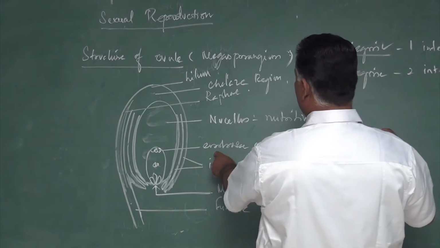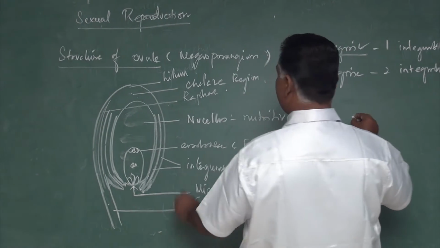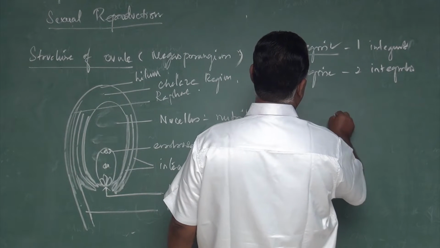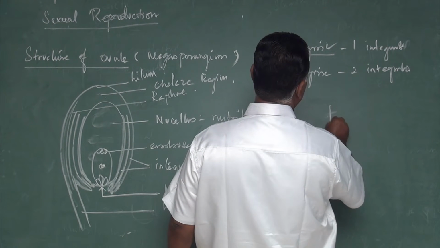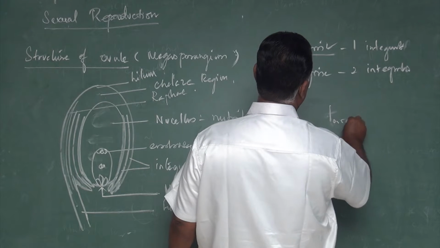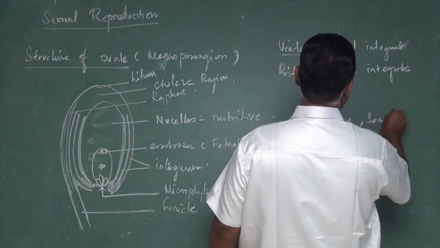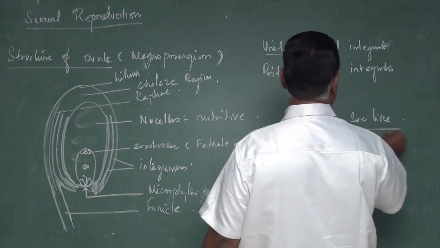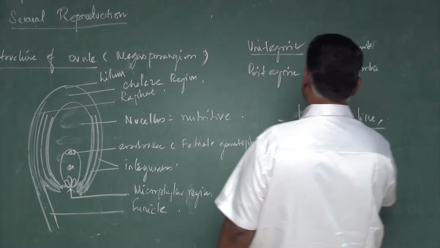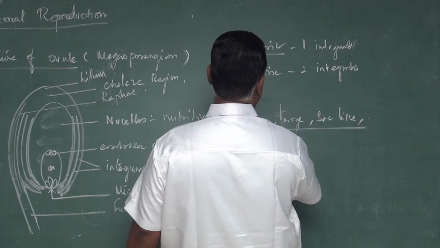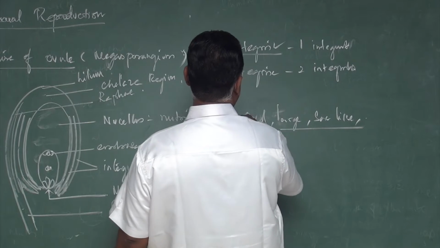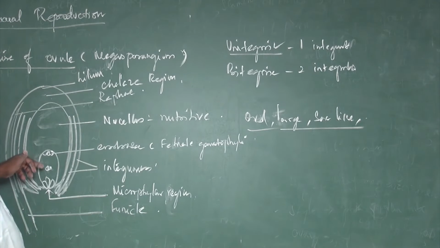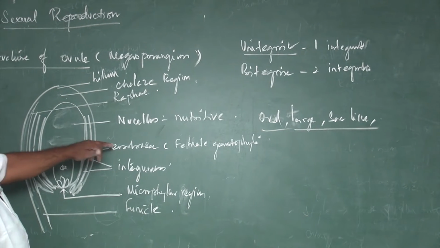We see the embryo sac. What is the embryo sac? At the micropylar end, there is a big, large, oval, sac-like apparatus, and that is called the embryo sac.